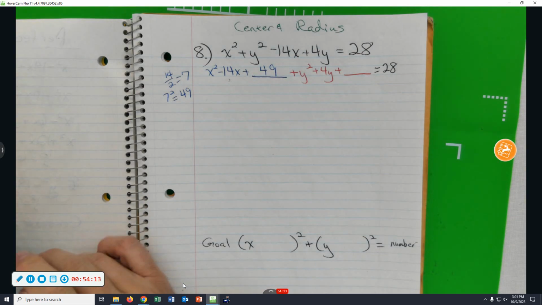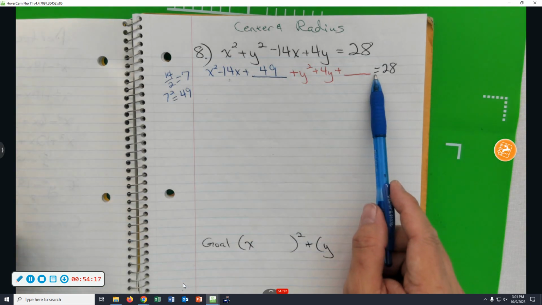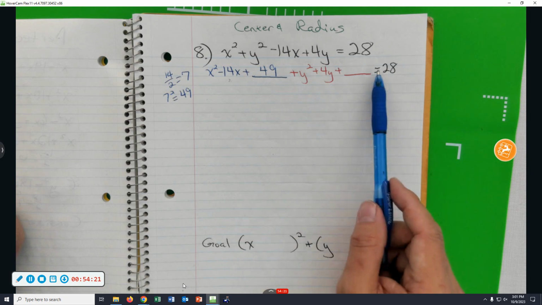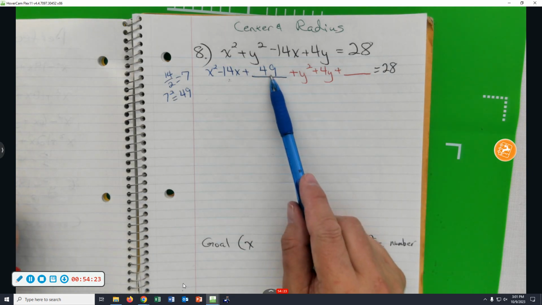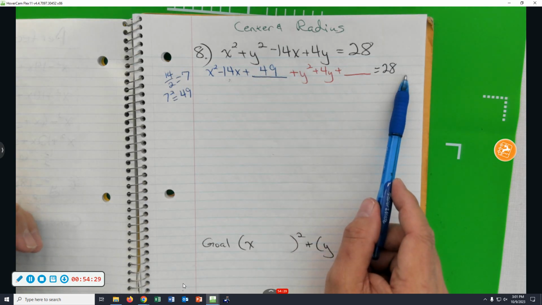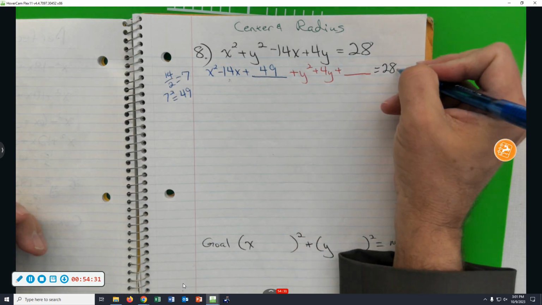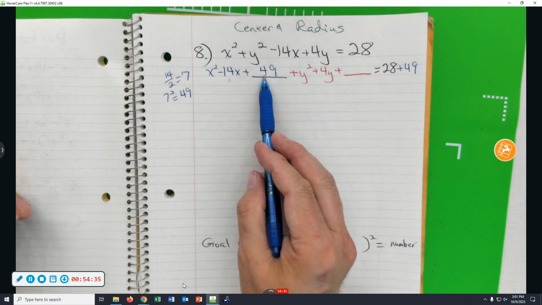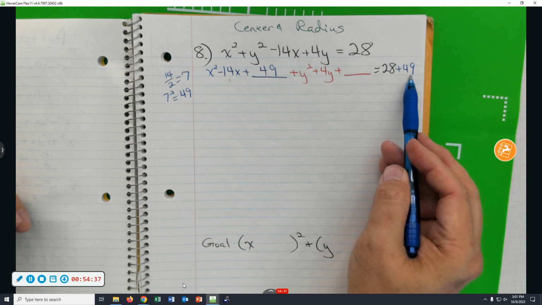But a moment ago when we were playing around with this stuff, we didn't have an equation. We were just building trinomials. But with an equation, if you add 49 pounds to one side of the scale to maintain the balance, you better add 49 pounds to the other side as well. So whatever number you put in that blank, you better add it to the other side.